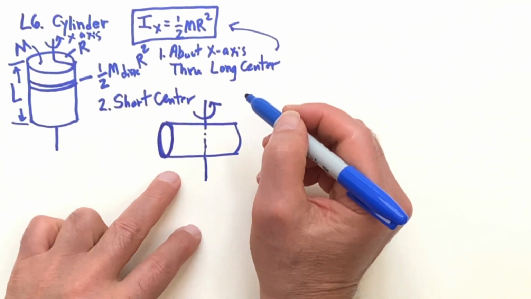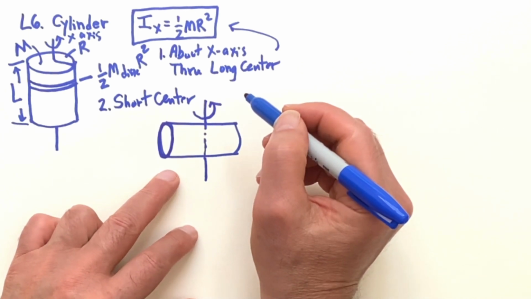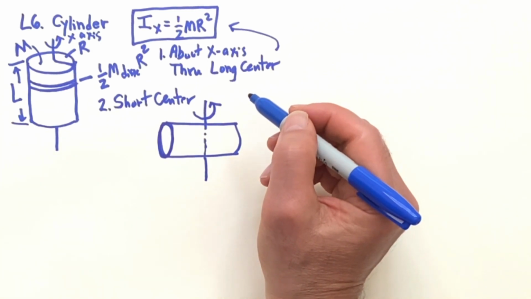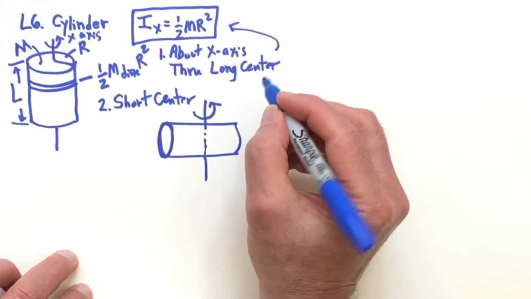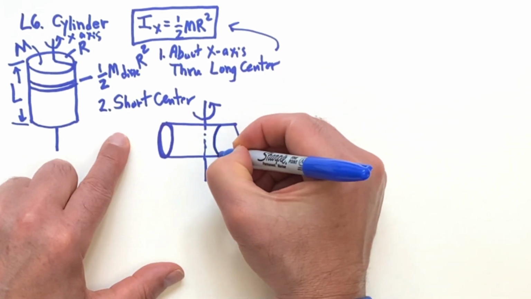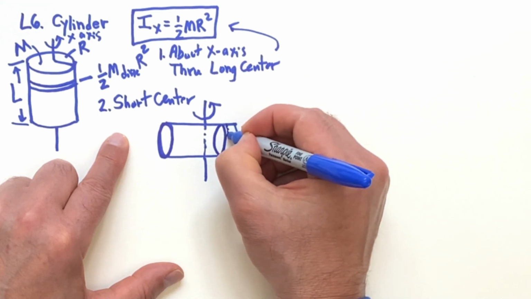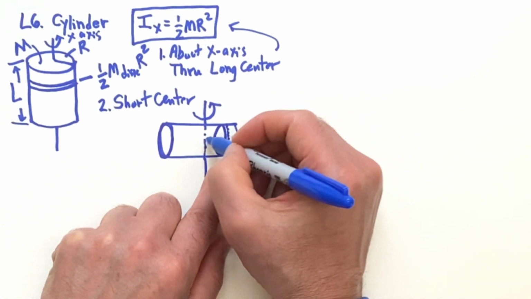Now, we wouldn't want to do this from scratch, doing integrals, but if we use the parallel axis theorem, we can get this by a simpler integral. Let me show you what to do here. What you would want to do is consider a disk like this, and you say, well, that's still hard.